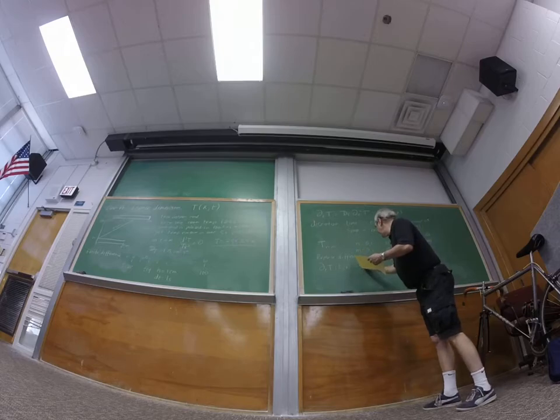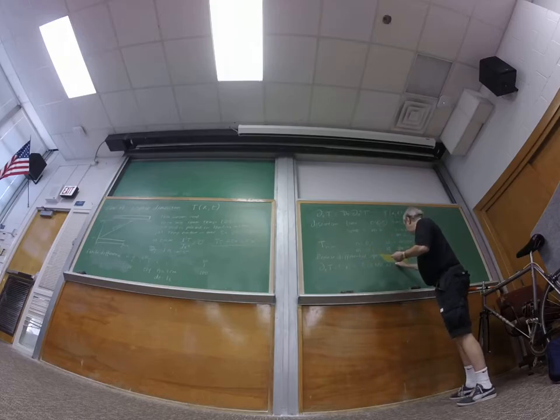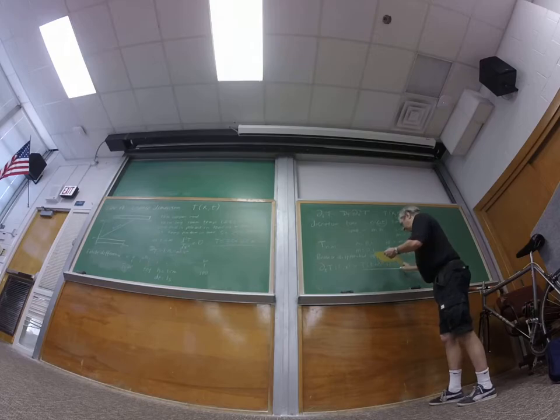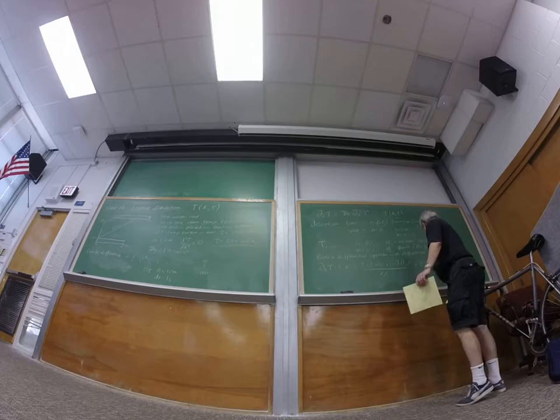So that will be T at the time t plus delta t, and at the space point x, minus the temperature at t and space point x, divided by delta t. And there will be errors in that of order delta t squared.